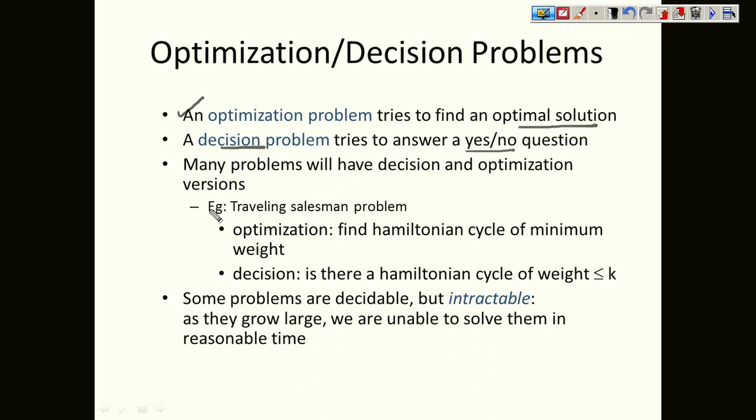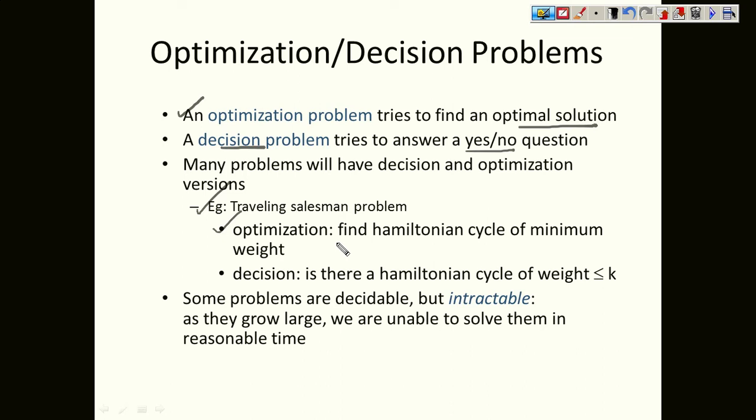For example, when we talk about the traveling salesman problem, in the optimization version we are interested in finding the Hamiltonian cycle of minimum weight. The traveling salesman problem is represented as a graph, where the nodes represent the cities the salesman wants to visit in such a way that the effort and distance covered will be minimum.